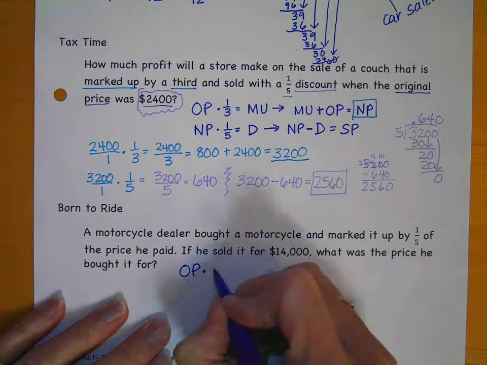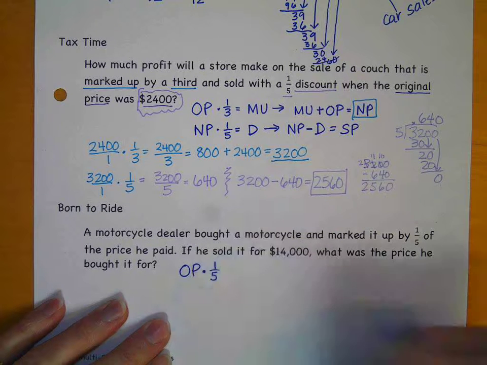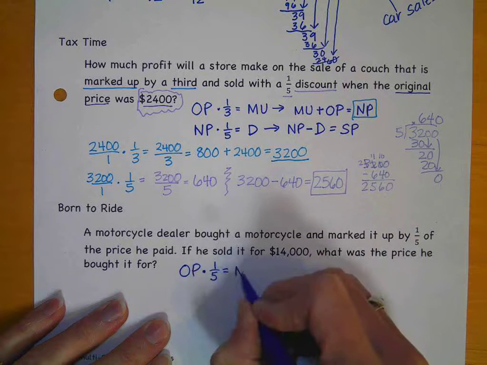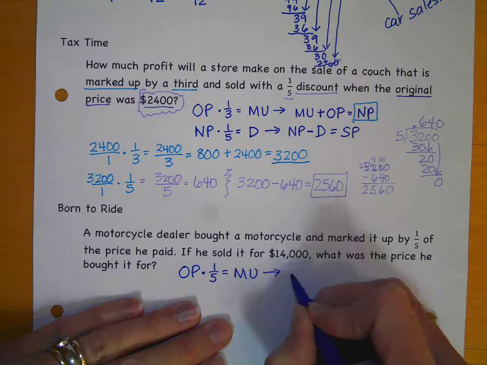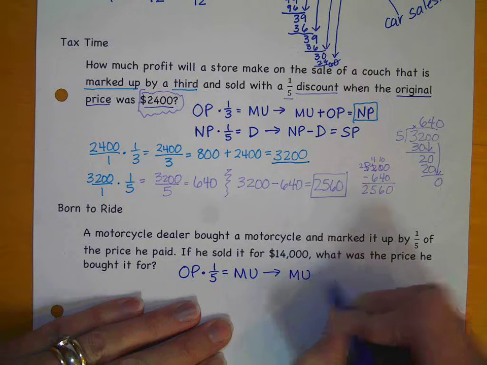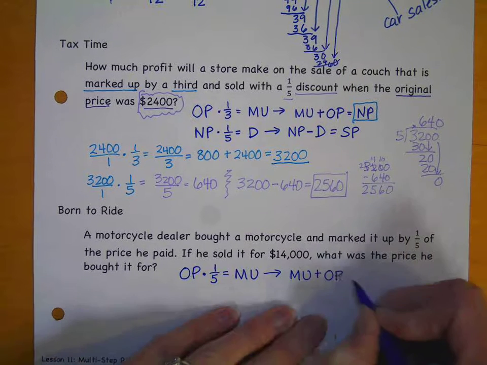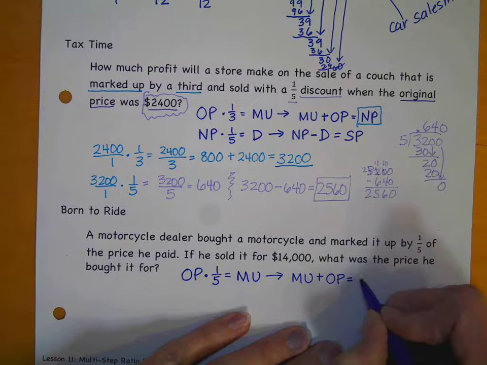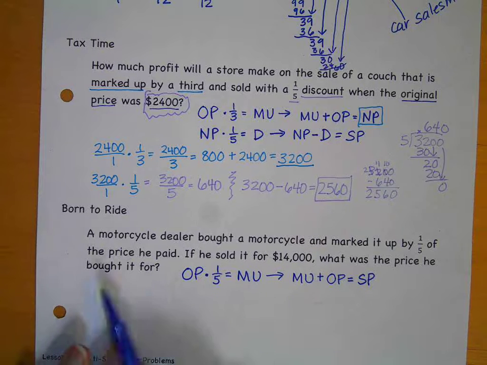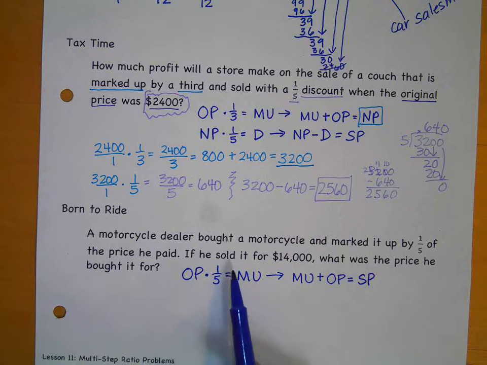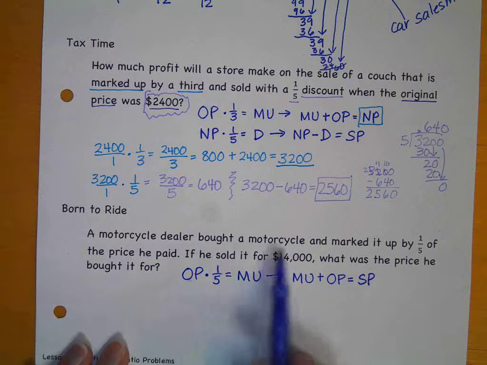So, original price, right, times, what did he mark it up by? 1/5, right, equals the markup. Remember? Then you have to take your markup and add it to the original price, right? And that gives you the sales price, right?